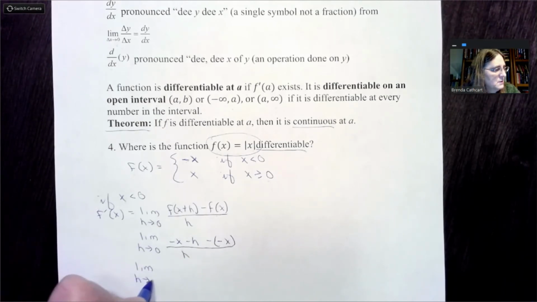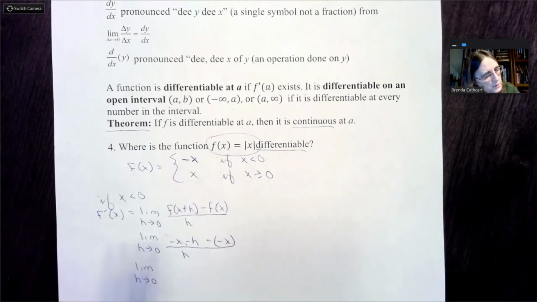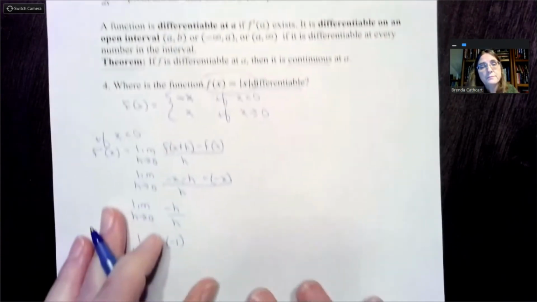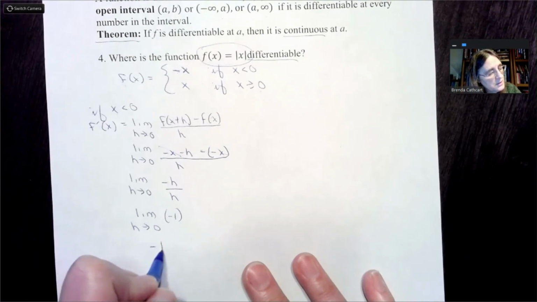Simplifying, we get the limit as h goes to 0. Our negative x plus x add to 0, so we have just negative h over h. So we have the limit as h approaches 0 of the constant negative 1. And of course the limit of a constant function is the constant.